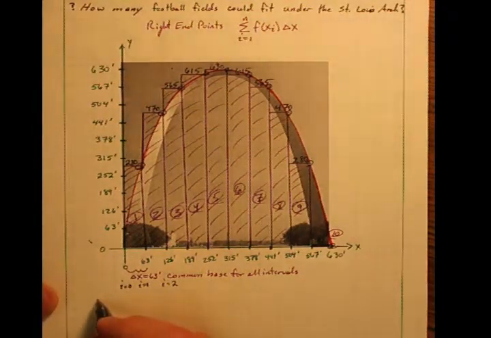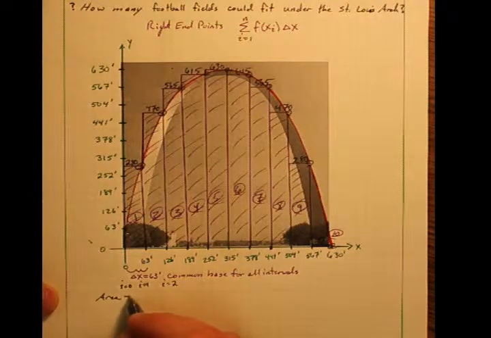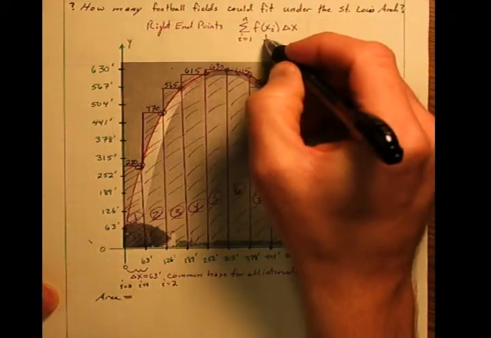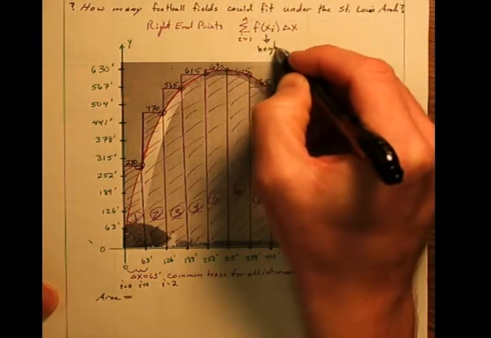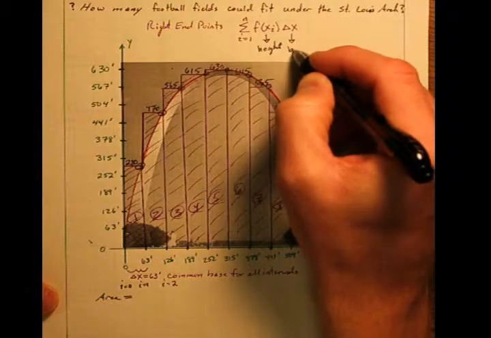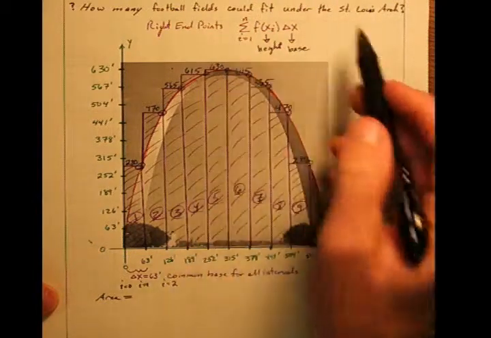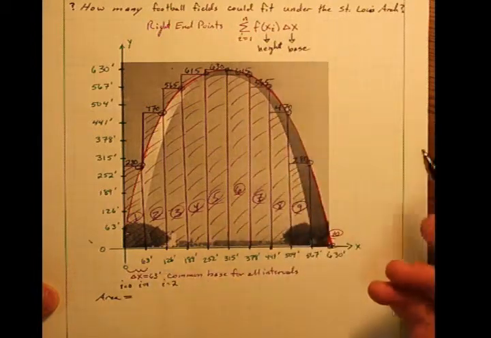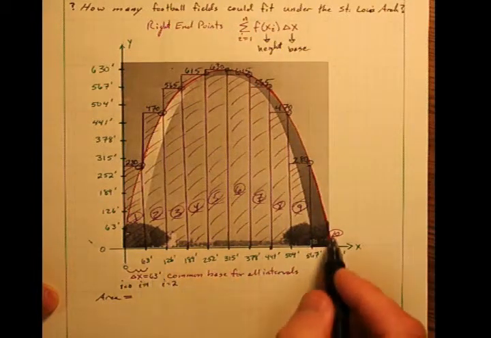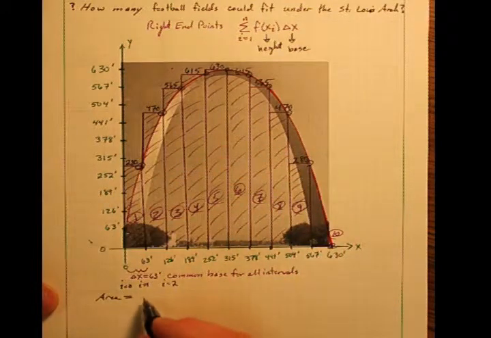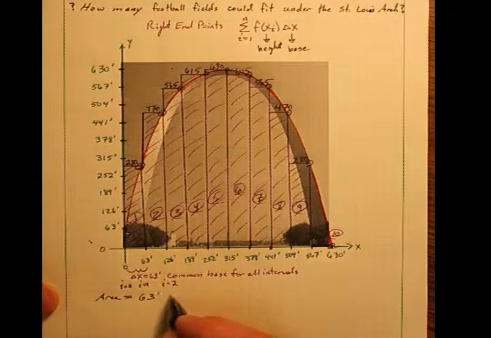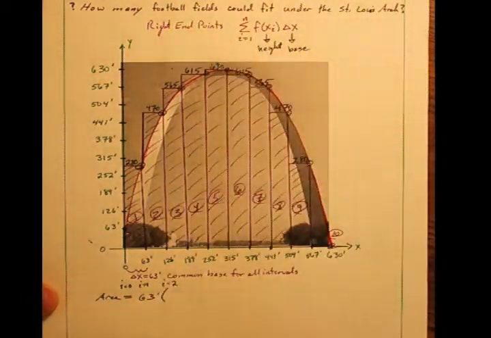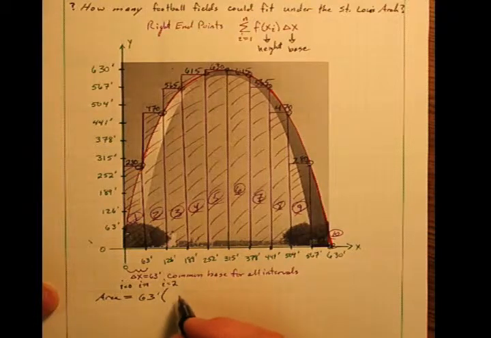To find the area is just the summation of the height times the base. When you see a formula like that, don't get intimidated. It's just base times height of a rectangle. Since every single rectangle is multiplied by a constant base, I'm going to factor the 63 feet out, essentially take this delta x outside of the summation. Now I'm going to sum the heights.